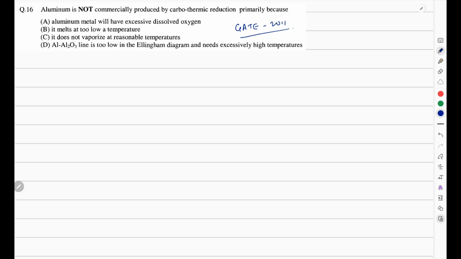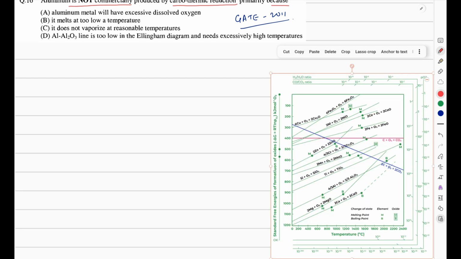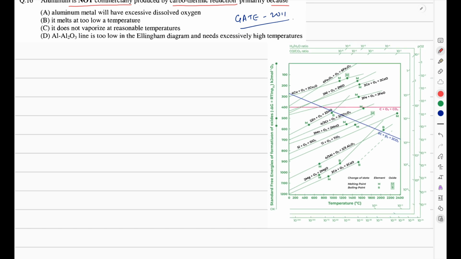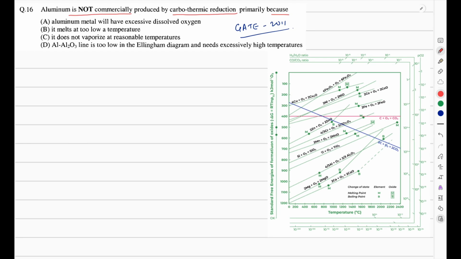This question is from GATE 2011. Aluminium is not commercially produced by carbothermic reduction, primarily because... So now we will insert the Ellingham diagram here. In this Ellingham diagram we can see that aluminium is here and carbon or carbon monoxide is here.